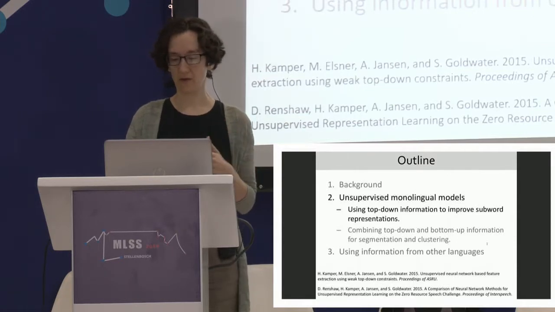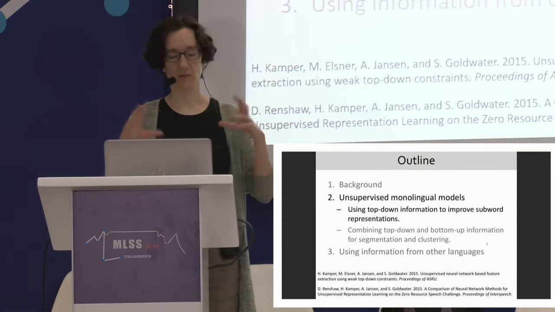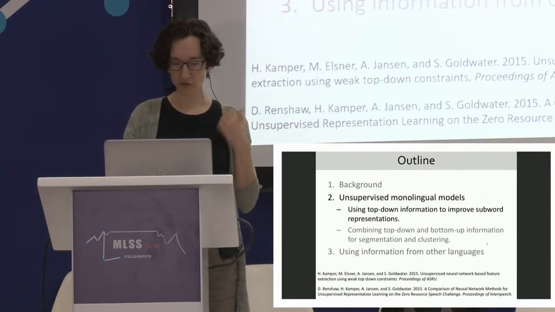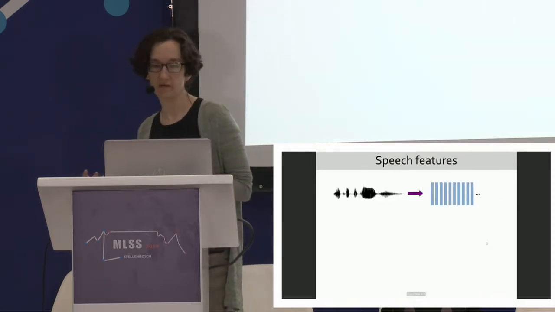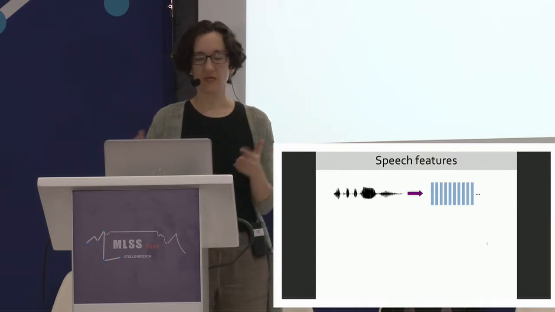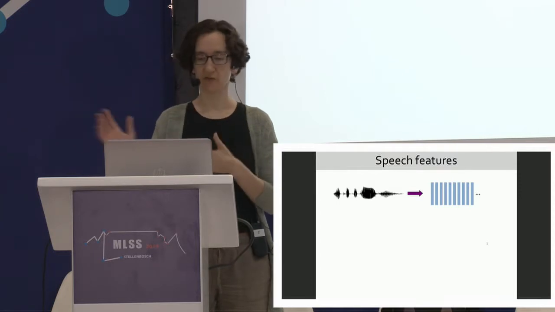And then I'll talk about a model that uses that information but also goes on to do the full segmentation and clustering task. So the first model is something where we're trying to improve the speech features themselves. Remember what I said: the first step that we need to do here is take the speech signal and extract some kind of features from it.